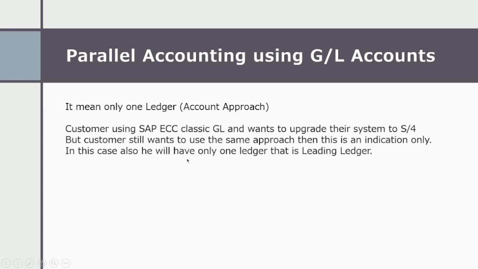In this case also, he will have only one ledger, that is the leading ledger. So the customer has SAP ECC and is going to upgrade to SAP S4 HANA, but does not want to use the different ledger concept. He wants to use the account approach only. In that case also, he will have one ledger, that is the leading ledger.